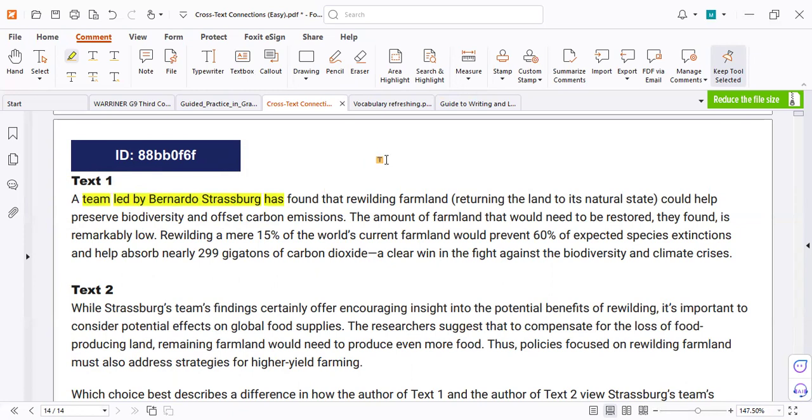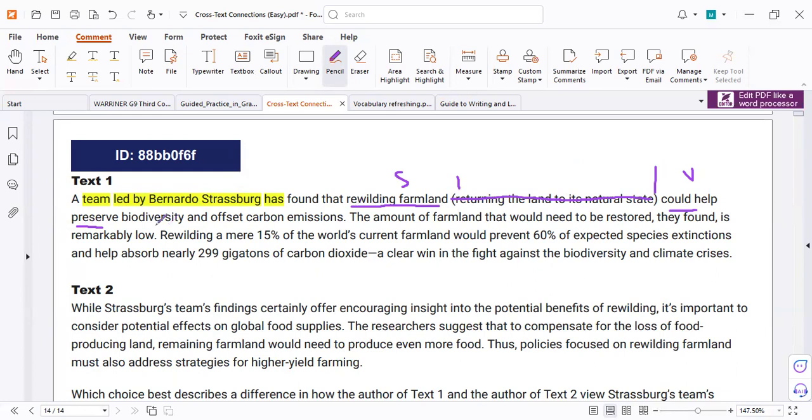And then found that after that you are going to start a new sentence. Simply that rewilding farmland, and then non-essential information between brackets or parentheses, delete. So this is a subject, the verb. So who or what could help preserve rewilding farming? Not the rewilding, the farmland.